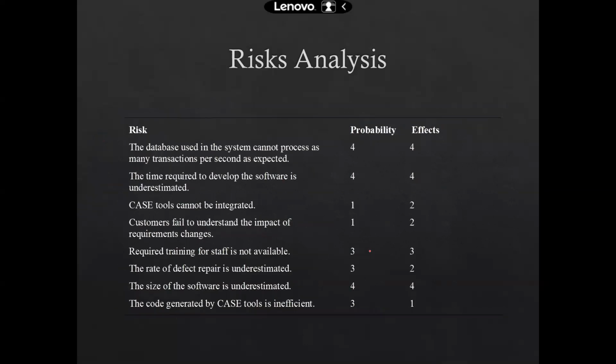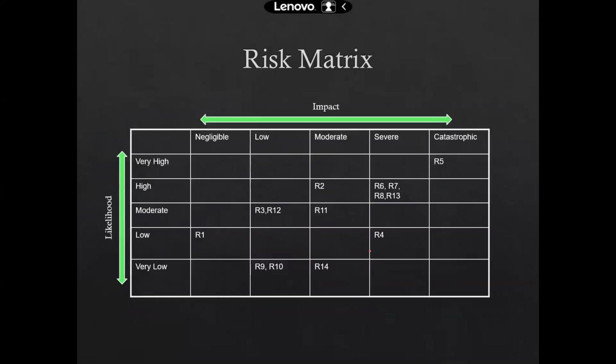It's time to develop the matrix. Now, once we have quantified, and once we have listed down all the risks, and we have identified the probability of the occurrence of each of the risks, and the potential impact of each of the risks, we can draw one simple matrix, which is basically the impact and the likelihood.